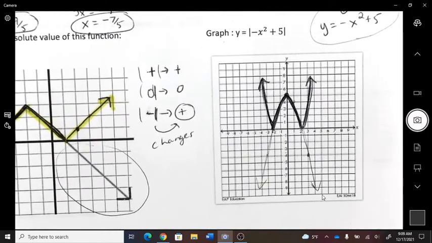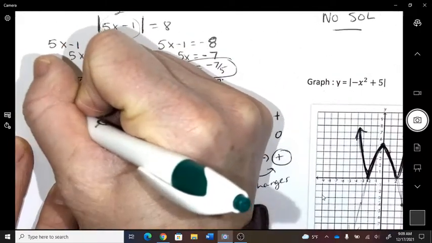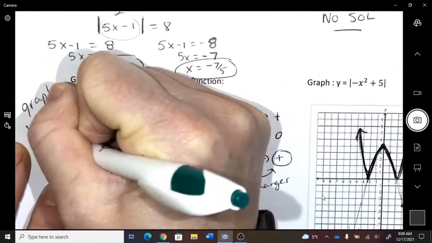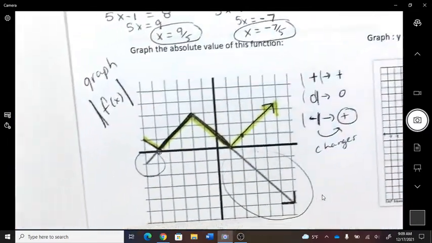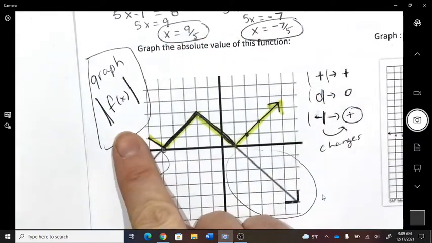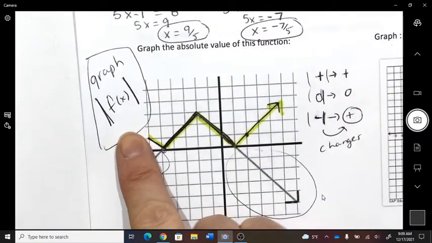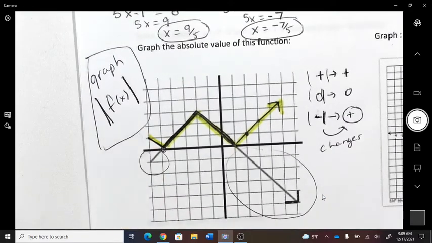Okay, so I just want to clarify on your test, you might see this graph, you might see that as a question. Graph the absolute of this function. Okay, that means absolute value.